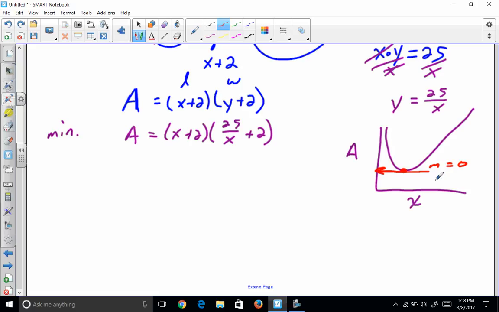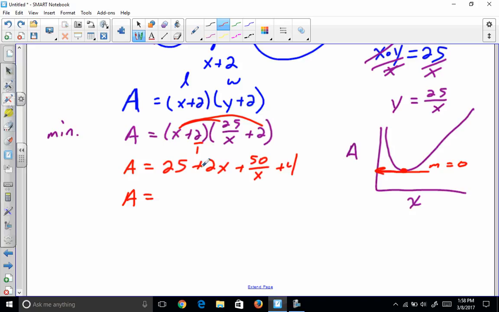So if we're going to find a slope, we need a derivative. To get the derivative of this, we could use the product rule, or we could distribute first. If we distribute, x times 25 over x, x times 2, this is 2 over 1 times that, so 2 times 25 over x, and then 2 times 2.